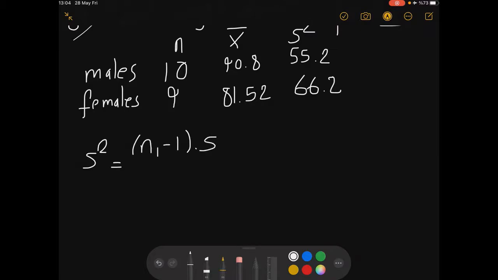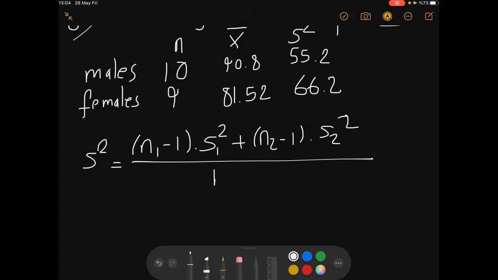If you want to memorize it, go ahead and memorize. We don't go into detail of proofs here, but that's what is written in the text. For small samples, this combined variance is calculated like this.